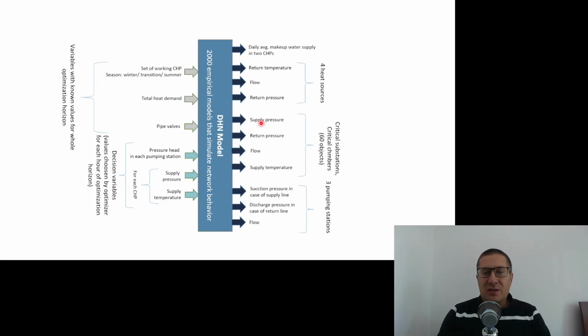So we made such 2,000 empirical models, dynamic models, because of course if we change the temperature in the CHP plant, we'll not see the effect of this change immediately.